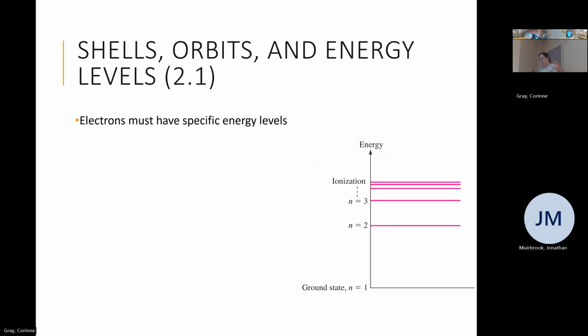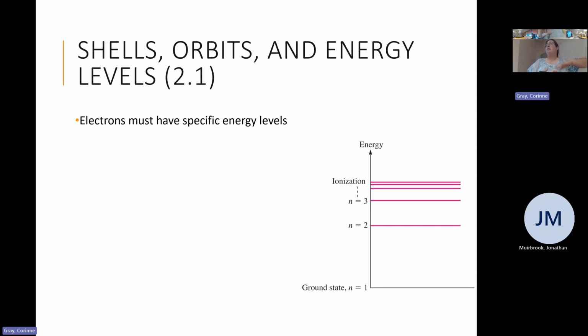So if we look at the quantum model, what happens is we get these energy levels where the electrons can exist. And the closer you are to the nucleus, the lower the energy is going to be. That comes from Coulomb's law, not important for this class.